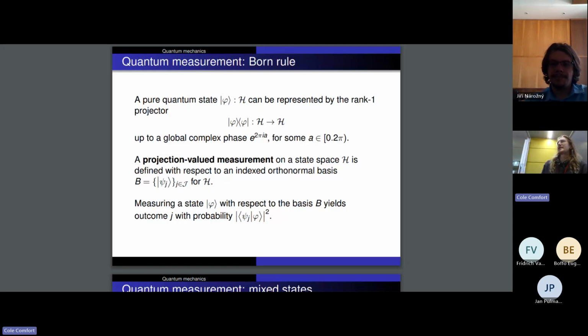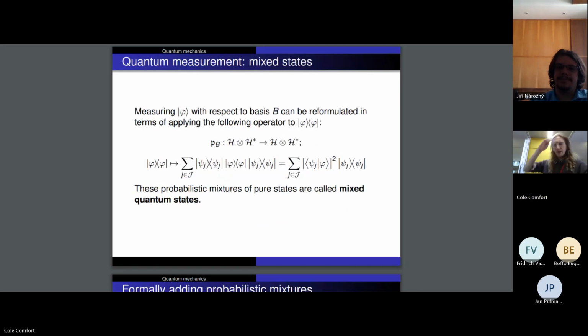But again, to me, this is way too concrete and not categorical enough to be well behaved from a mathematical point of view. Think of it this way. What I'm going to do first of all is think of measurement not as some external thing that a human can do, but rather in terms of an operator on Hilbert spaces. What it does is take an element of the internal Hom from the Hilbert space to itself and produce a new element.